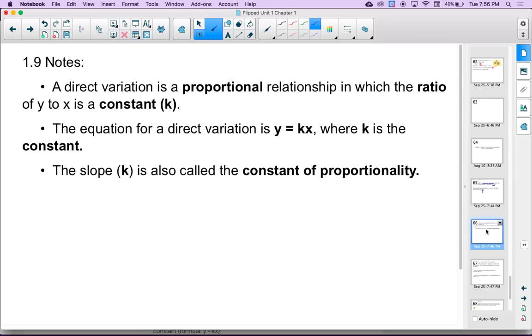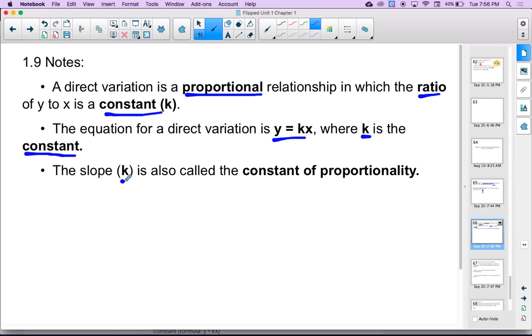The notes here are a little bit redundant, but it's just to try and reinforce the vocab definitions that we just talked about. So a direct variation is a proportional relationship in which the ratio of y to x is a constant k. We do know that the equation for a direct variation is y equals kx, and k is the constant. k is also the slope of the equation, if we want to call it that.